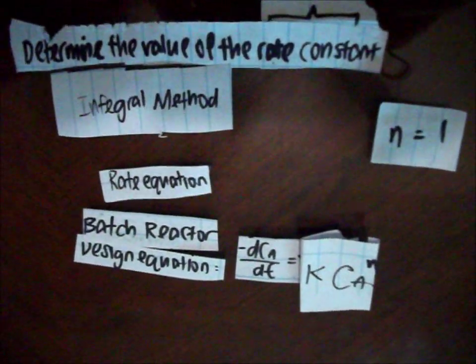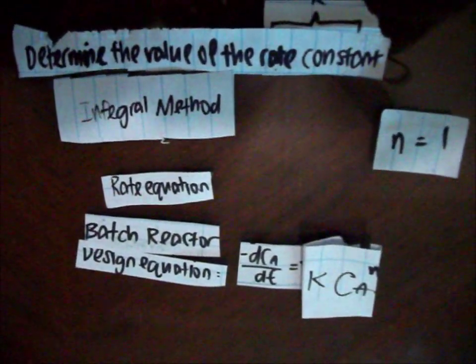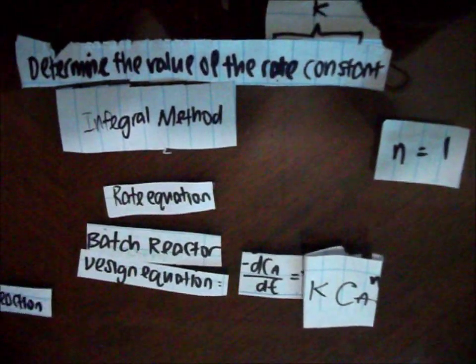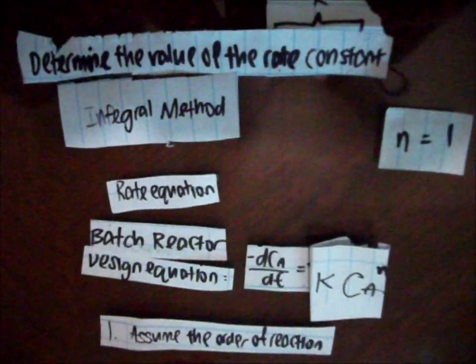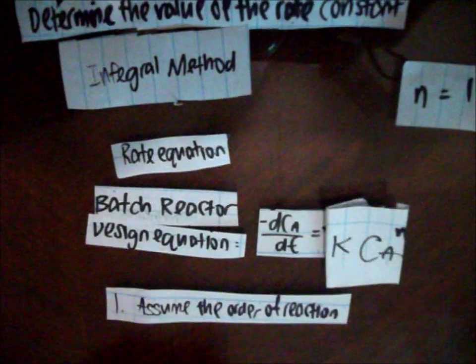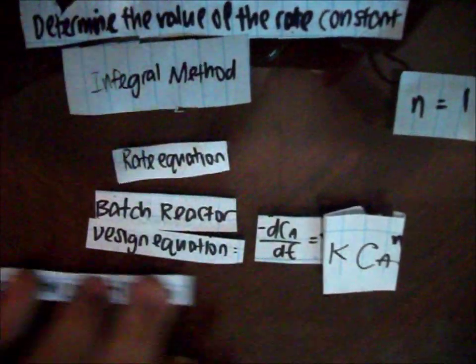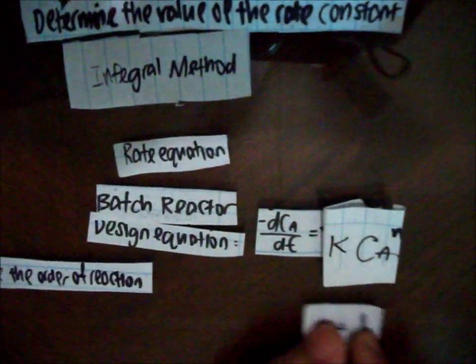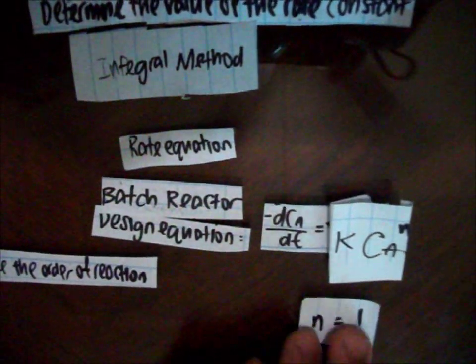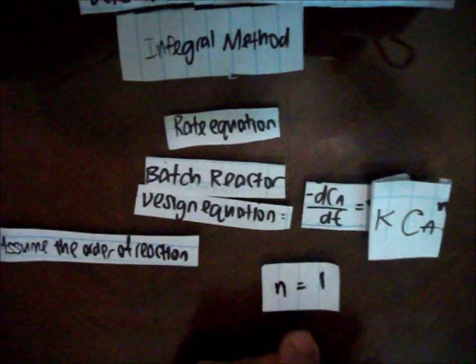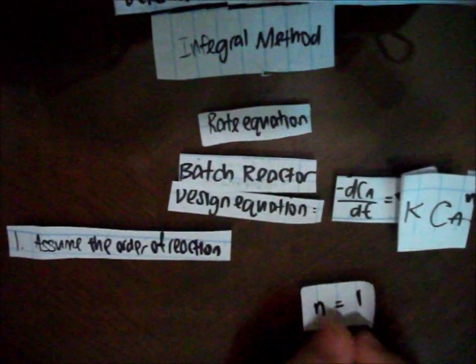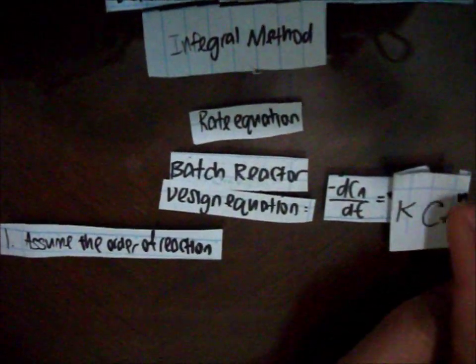Now we follow the steps of the integral method, where the first step is to assume the order of reaction. Previously we already found that the overall order of reaction is equivalent to 1, so we can substitute m equal to 1 into this equation.